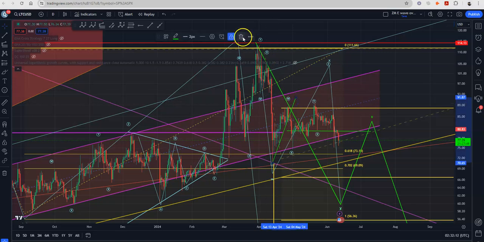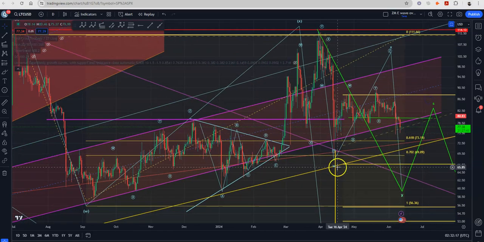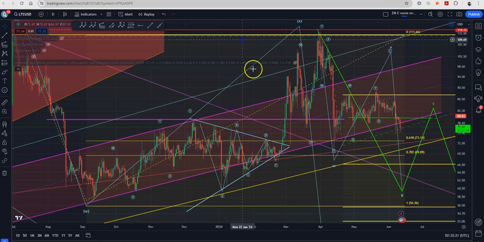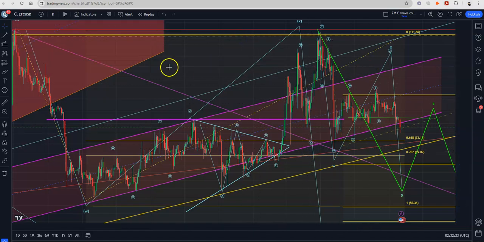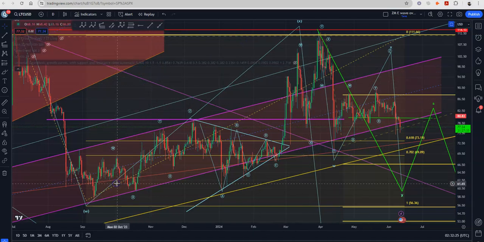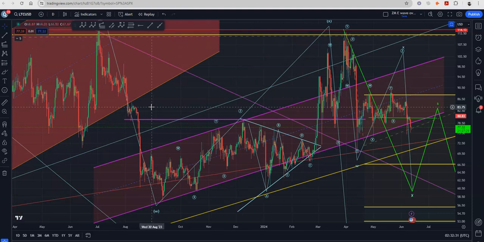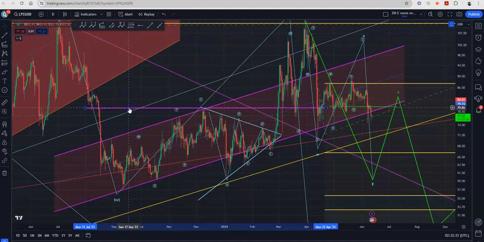And yeah, there we go. And these are the Fibonacci's as well that I want to take off. Okay, and that should be it. So for now, you can see that a lot better now.